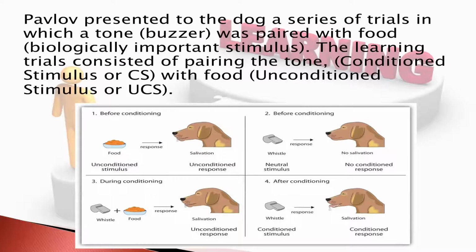Pavlov presented the dog a series of trials in which a tone, buzzer, was paired with food, a biologically important stimulus. The learning trials consisted of pairing the tone, conditioned stimulus or CS, with food, unconditioned stimulus or UCS.